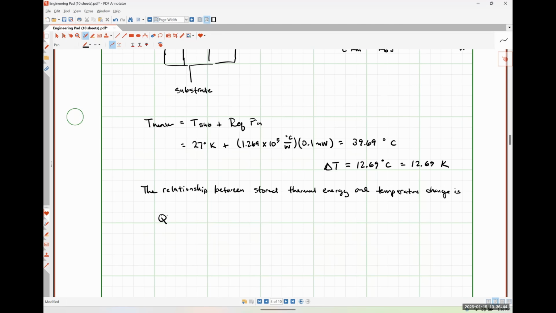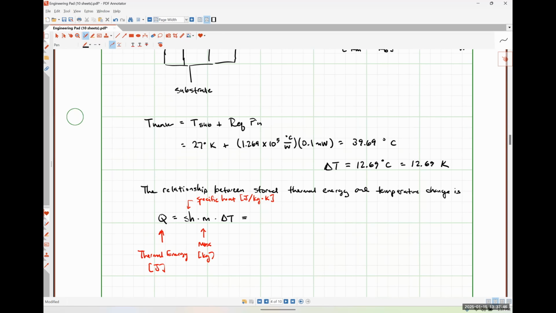is Q, where this is my thermal energy measured in joules, is equal to SH, which stands for specific heat, measured in joules per kilogram degree Kelvin, then I have my mass measured in kilograms, multiplied by my temperature gradient.